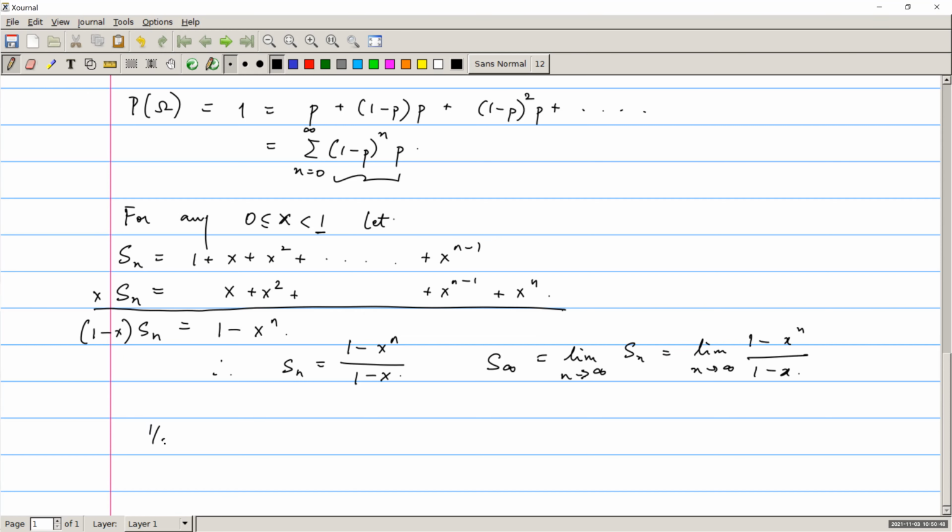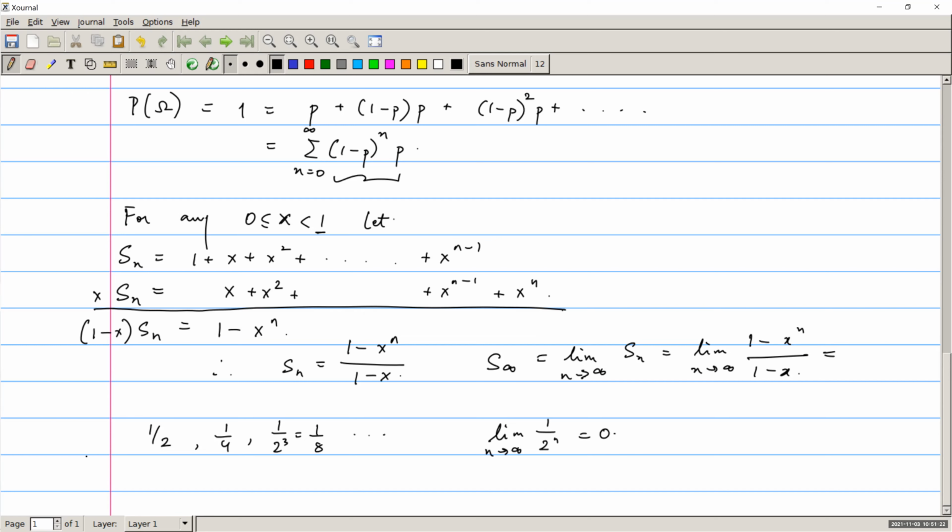So you have 1/2 squared. What is 1/2 squared? 1/4. So what is 1/2 to the 3? 1/8. So what is the limit of 1/2 to the n as n goes to infinity? 0.